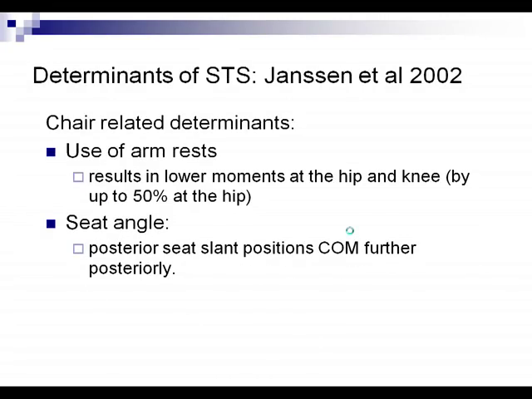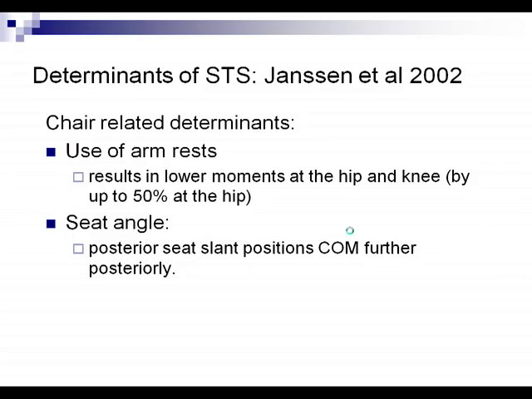Some more chair-related determinants are in relation to armrests. So first of all, are they present, and do the patients use them? And another chair-related determinant is the seat angle. So if we look at armrests first of all, and if somebody uses armrests, then that's going to lower the moments needed at the hip and the knee by about 50%. So it can obviously be really helpful for somebody that is quite weak in their legs.